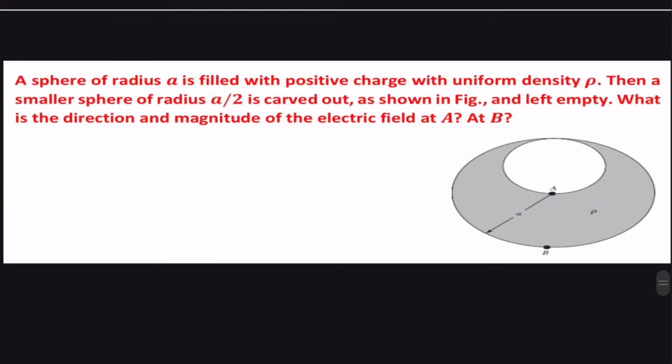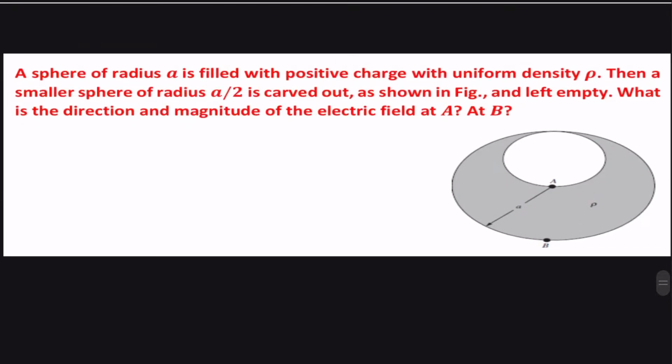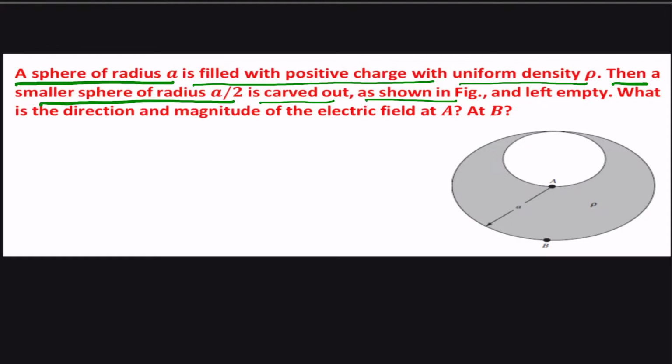So this question states that a sphere of radius A is filled with a positive charge with a uniform density rho. Then a smaller sphere of radius A by 2 is carved out as shown in the figure and left empty. What is the direction and the magnitude of the electric field at A and at B? Okay. So a basic figure is given to us.